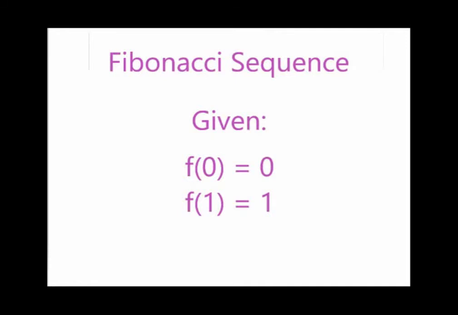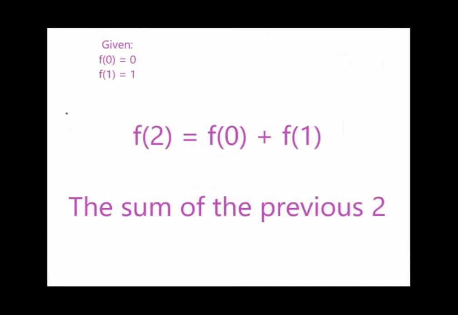With the Fibonacci sequence, you're given that f of 0 equals 0 and f of 1 equals 1. So f of 2 is equal to f of 0 plus f of 1, which is the sum of the previous two. Those were given, we knew them right away. f of 0 is 0 and f of 1 is 1.